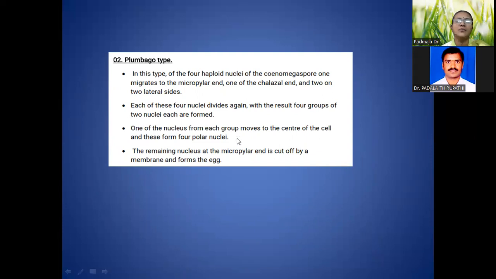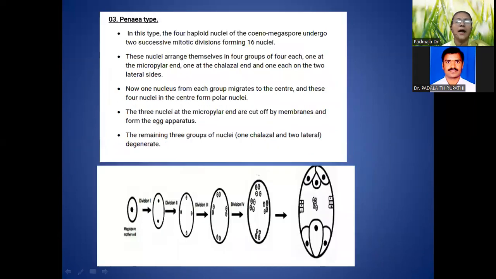One nucleus from each group moves to the center of the cell, forming 4 polar nuclei. The remaining nucleus at the micropylar end is cut off by a membrane and forms the egg. And next one is the Peperomia type of embryo sac development.